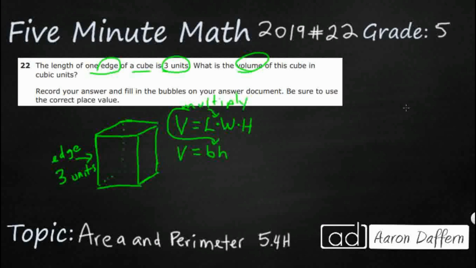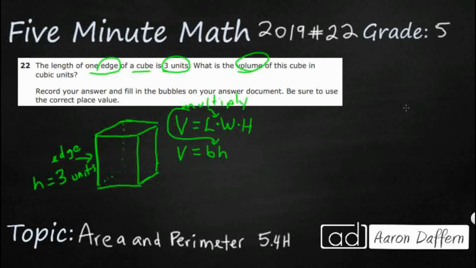So what's the difference between these? Well, this first volume literally looks at the length, width, and height. What I've listed right here is going to be my height. I'm going to put this as h, because you see this is going up, right? So there's 3 layers of cubes I can stack up in there. But what I still need are my length and my width.